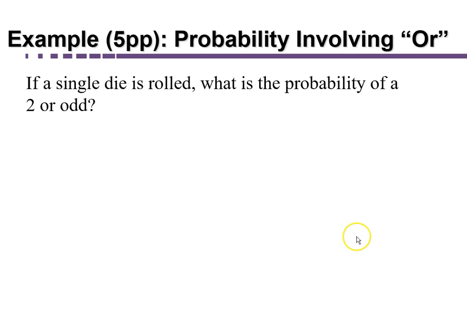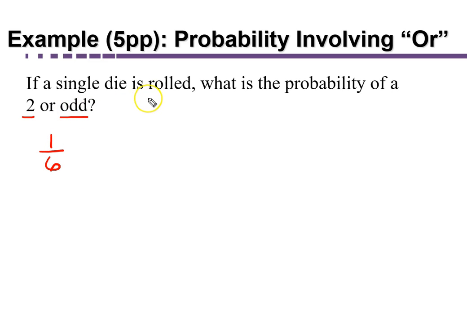All right. Here we have example 5, and it's probability involving OR. If a single die is rolled, what is the probability of getting a 2 or an odd number? Well, to get a 2 was 1 out of 6.